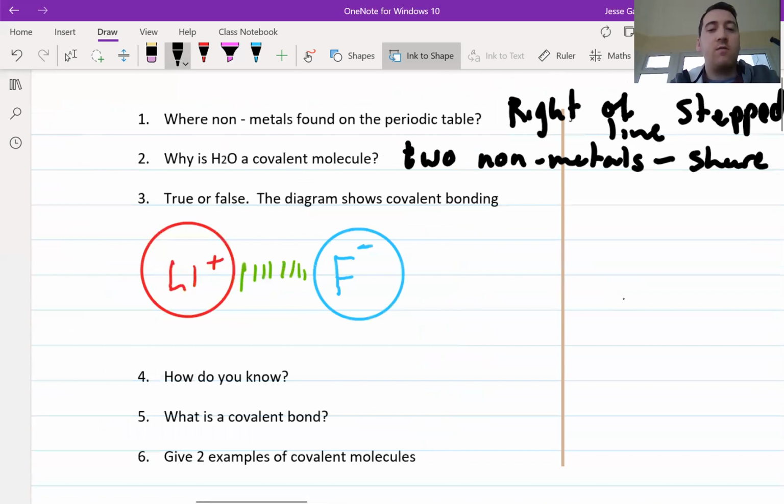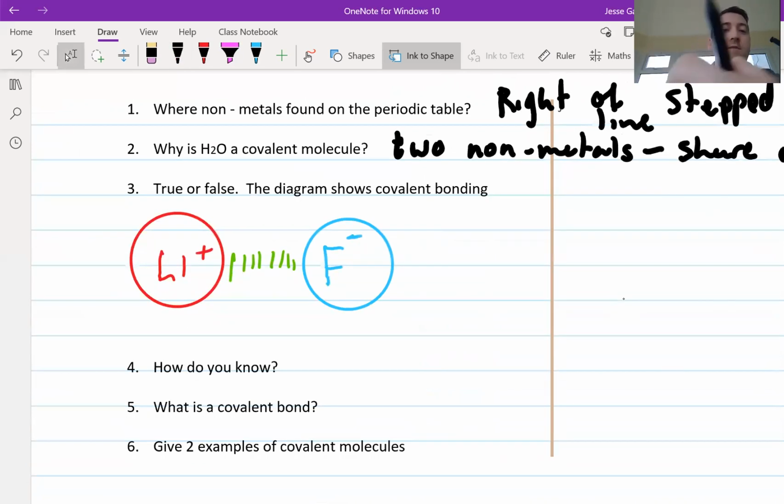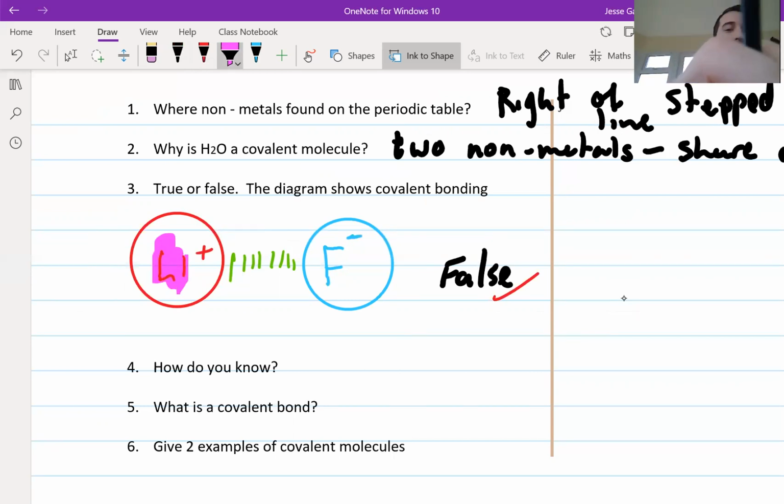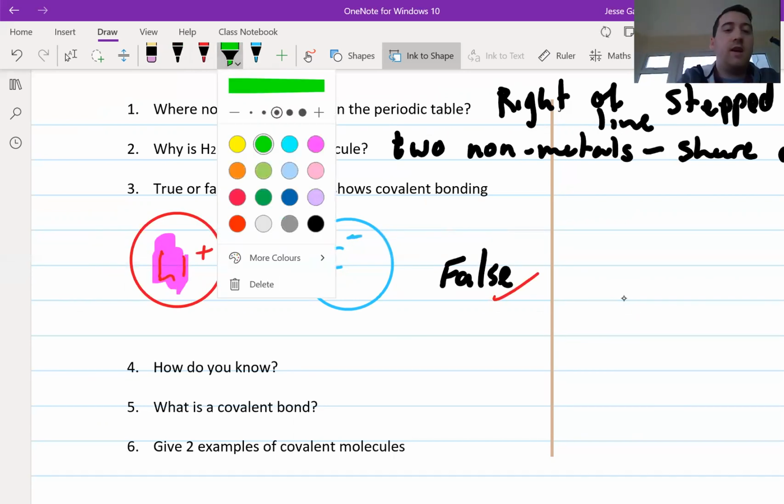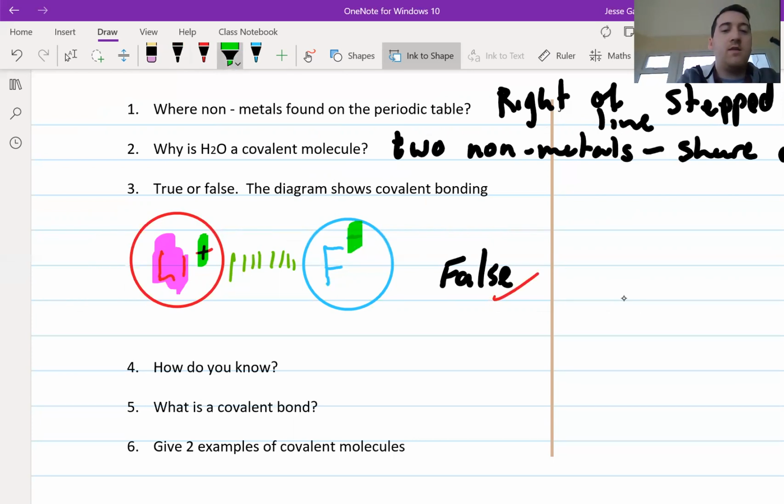True or false? This diagram shows covalent bonding. That would be false. Well done if you said false. How do I know that it's false? It's false because this here, lithium, is a metal. And there's other clues as well. Here I see pluses and minuses, and that suggests to me that these are ions. Okay, so how do you know?